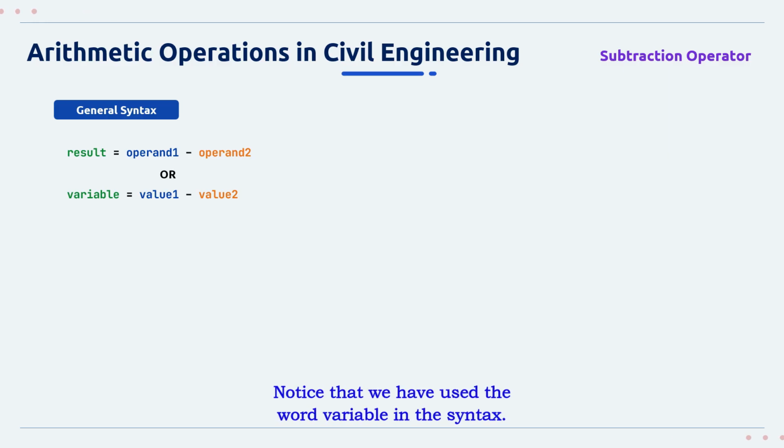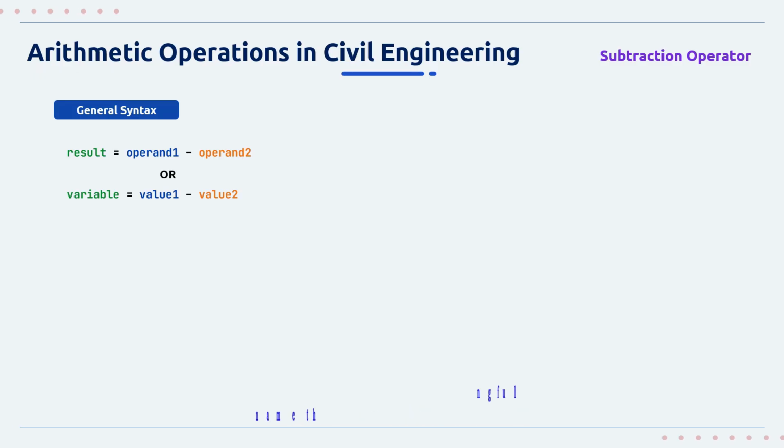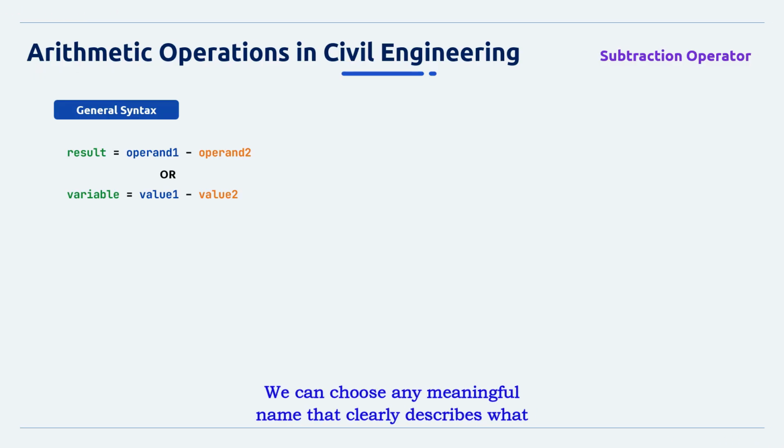Notice that we have used the word variable in the syntax. This does not mean that the variable must literally be named variable. We can choose any meaningful name that clearly describes what is being stored.